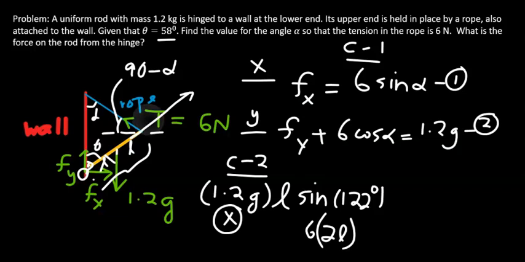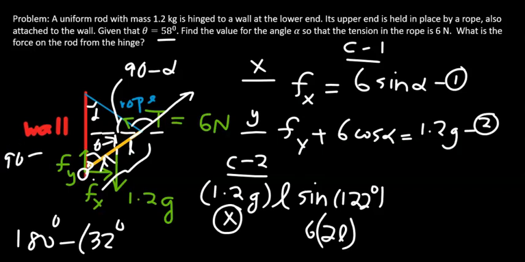So the angle is that angle. So what is that angle? It is 180 degrees minus this angle, which we know is 32 degrees. Why is it 32? Because this angle right there is 90 minus theta, which is 58 degrees, so it's 32 degrees, plus 90 minus alpha.